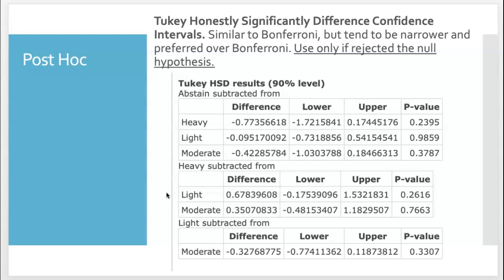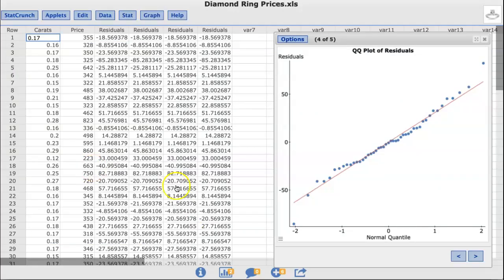StatCrunch already has built-in multiple comparison confidence intervals for the Tukey interval, so I don't have to keep track of all the comparisons. StatCrunch will do that for me. Let me just show you very quickly how that's done.